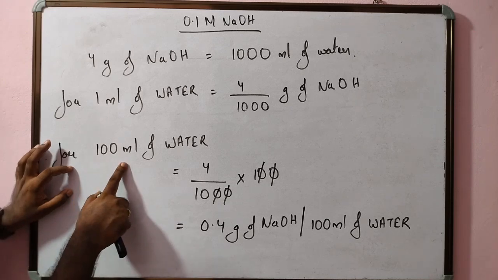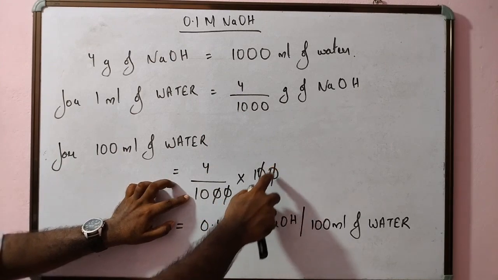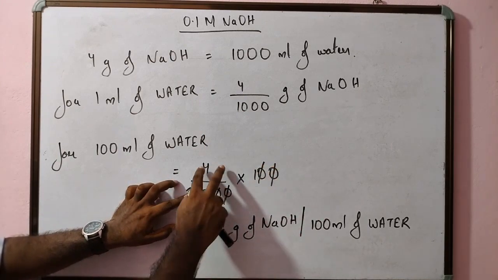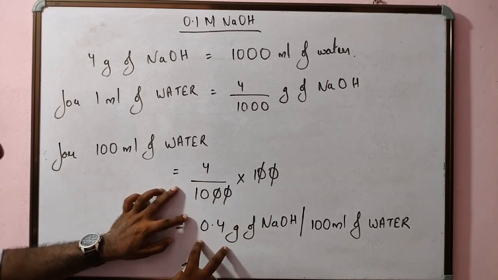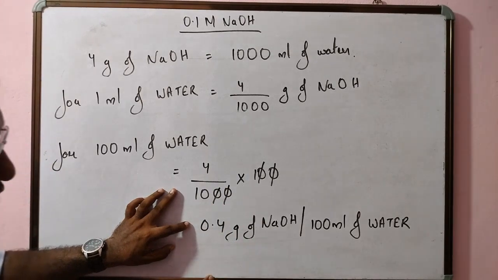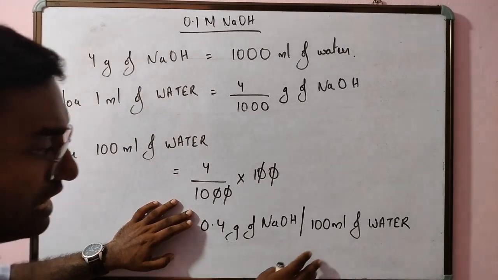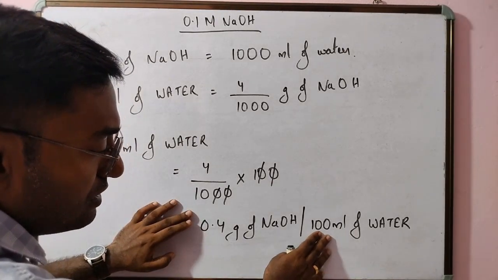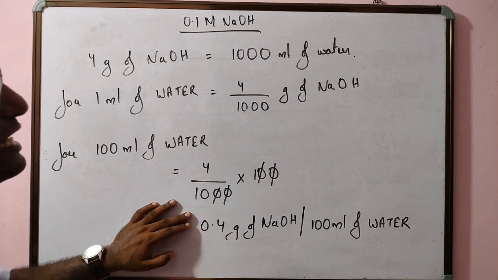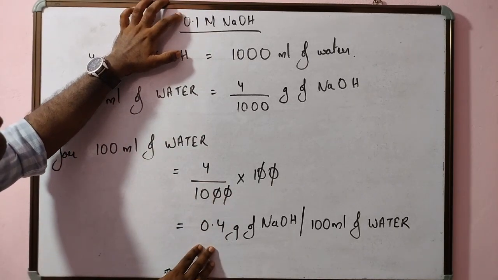For 100 ml of the solvent, 4 divided by 1000 into 100. The zeros would cancel out here, and after calculation, the value that we get is 0.4 gram of NaOH. So if we dissolve 0.4 gram of NaOH in 100 ml of the solvent or water, we would get a solution of 0.1 molar strength.